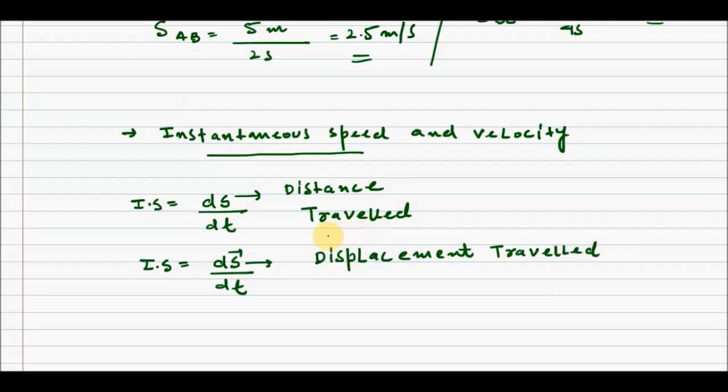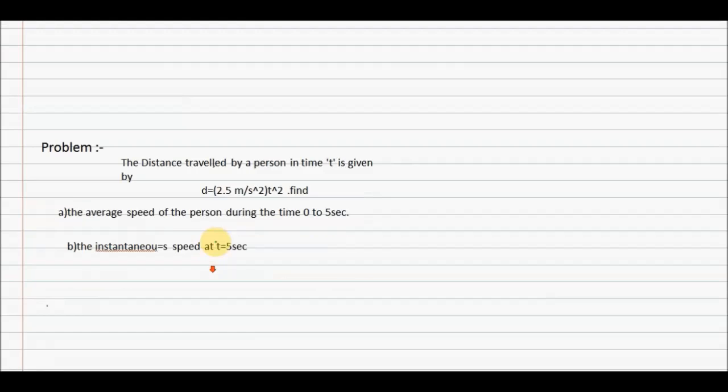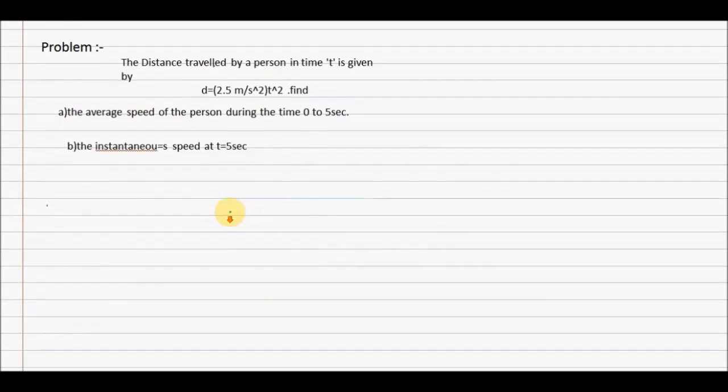Now, having understood this, let's move ahead and talk about a problem that we are going to discuss now, right?